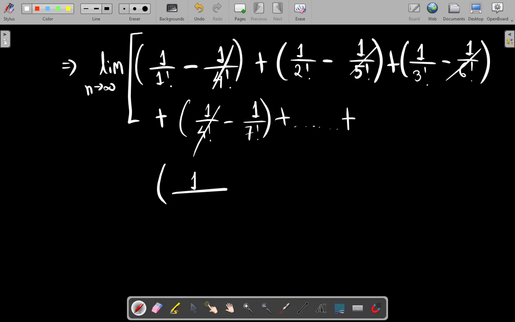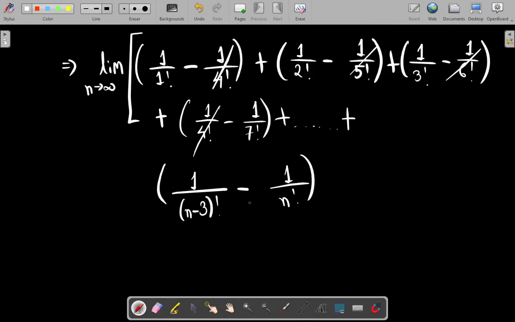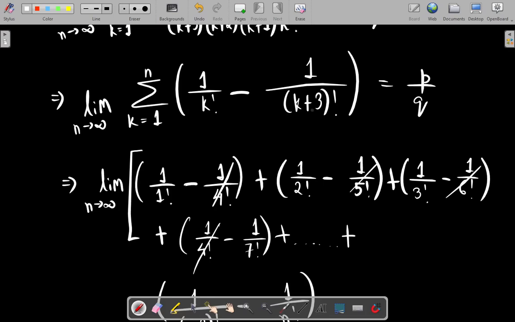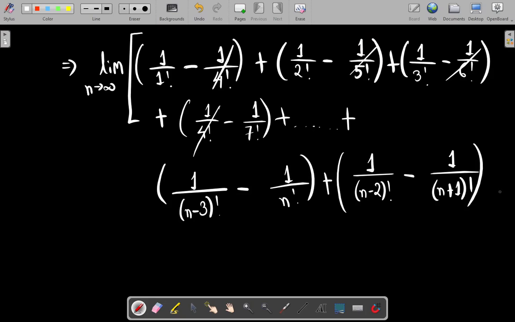So let me show you the terms that are getting cancelled. This term will be there, minus, this is for k equal to n minus 3. For k equal to n minus 3, this k factorial is (n minus 3) factorial, and (n minus 3) plus 3 becomes n factorial. Similarly, the term after that will be 1 upon (n minus 2) factorial minus 1 upon (n plus 1) factorial.